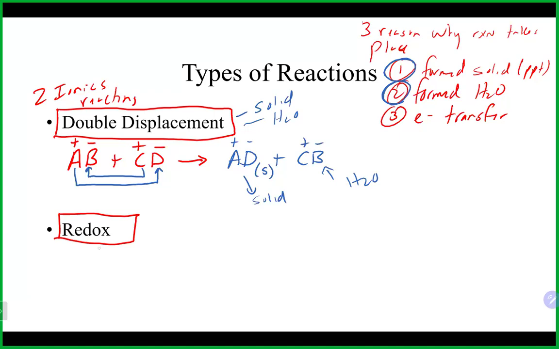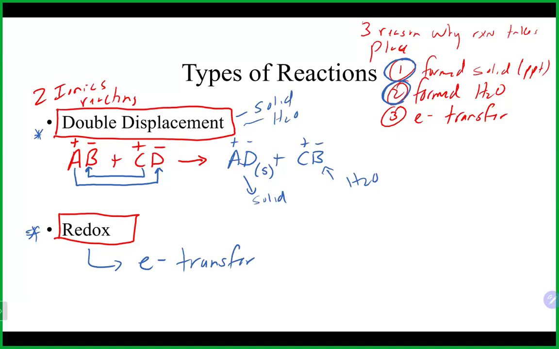Now, redox reactions involve the third reason why a reaction takes place, which is an electron transfer. So if it is not a double displacement reaction in terms of the big category, pretty much all other reactions will fall under the big umbrella of redox reactions. So you could think of double displacement reactions and redox reactions as these big umbrellas of classifications.